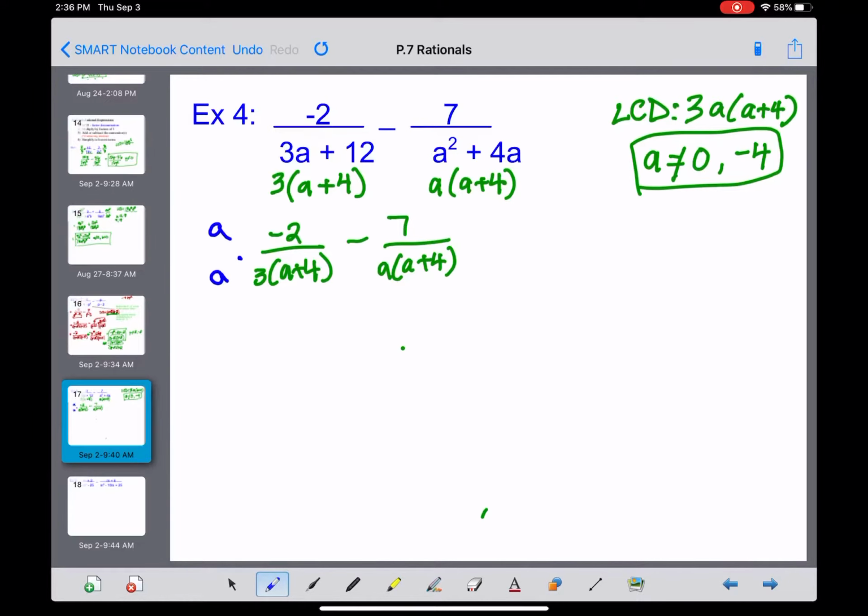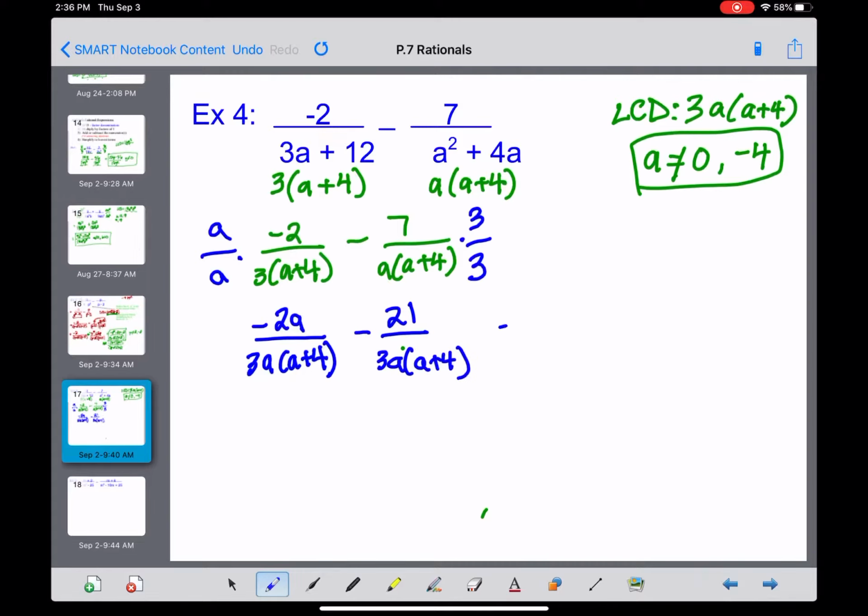So I'm going to multiply by a on top and bottom. On the second one, what's missing is the 3. So I'm going to multiply by 3 on top and bottom. So I have negative 2a over 3a, a plus 4. So that's my LCD. And then I have minus 21 over 3a, a plus 4.